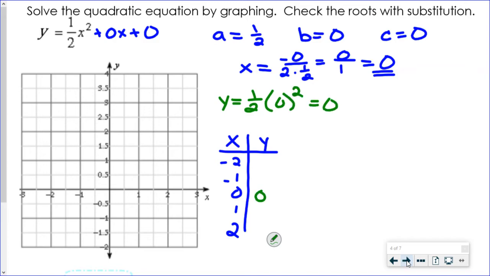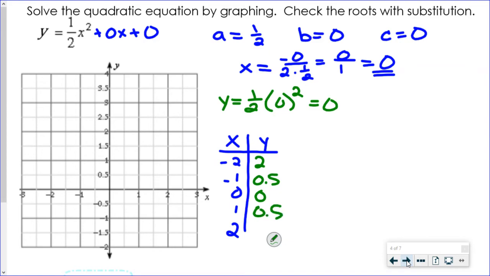That's 0. Okay? Now, when x is -1, again, you can put this in your calculator. This is going to be 0.5 or 1/2. When x is -2, it's going to be 2. When x is +1, I'll put it in my calculator.